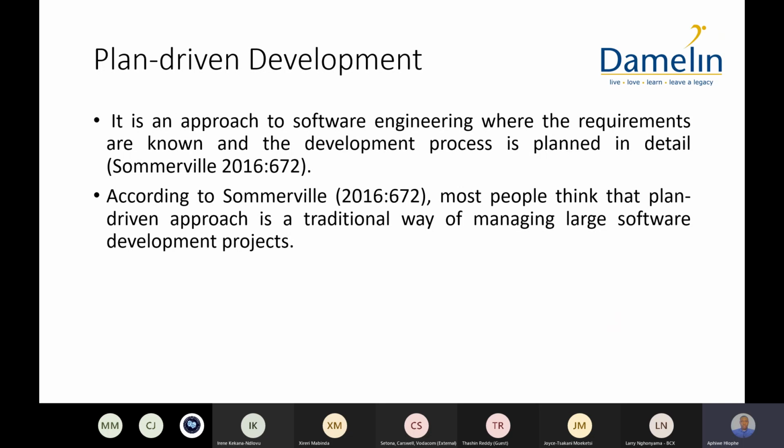Everything is formalized. Most people think that the plan-driven approach is a traditional way of managing large software development projects. It may seem that way. You may think that because we have a very large project, then everything would be 100% documented. But in actual fact, the plan-driven approach works best with smaller projects where everything can be predefined and everybody goes according to the document.